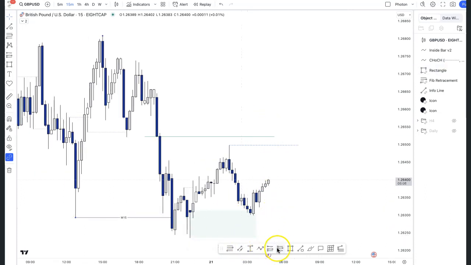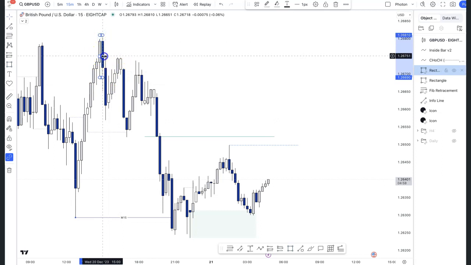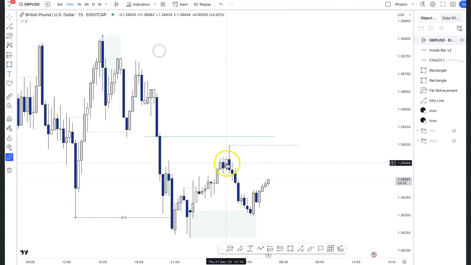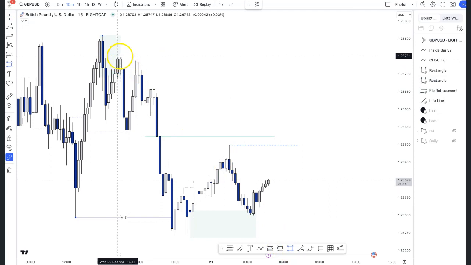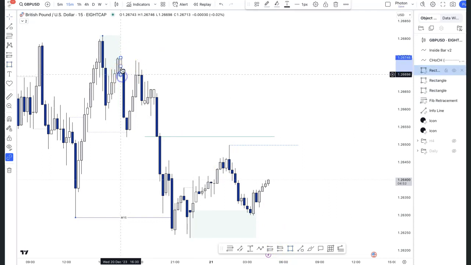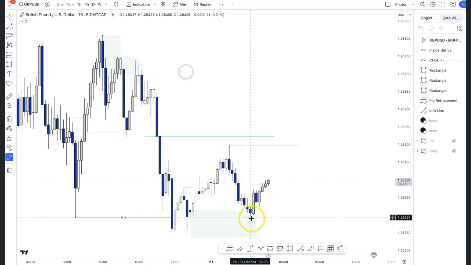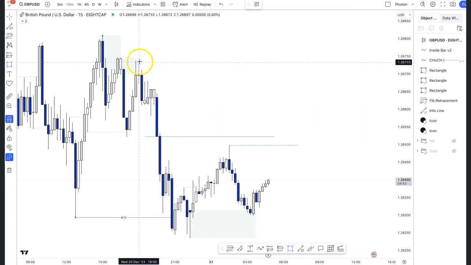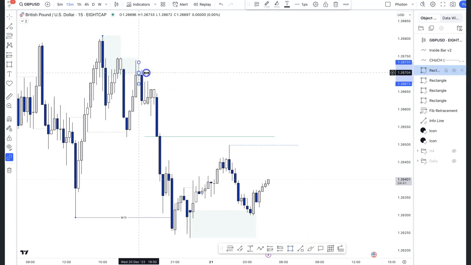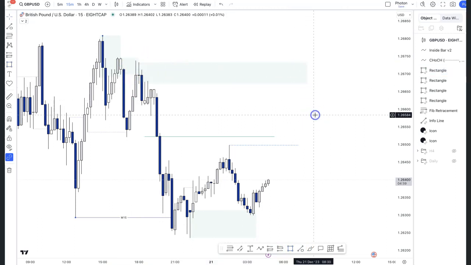We will also look at supply. So, if we start from the extreme, if we look at this, it got mitigated here. We also have this, which got mitigated here and here, and so this is probably the last unmitigated supply.